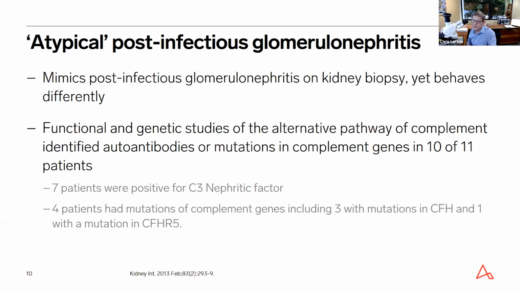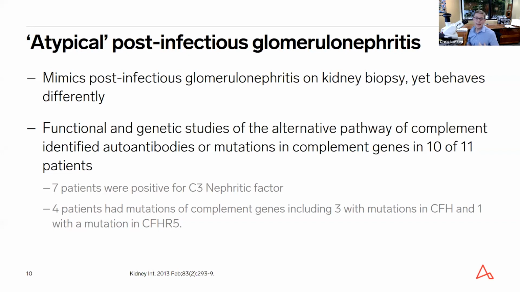So this is an example of a conversion to a C3 glomerulonephritis. And the etiology of this ongoing disease is that these patients have an underlying defect in the regulation of alternative complement pathways. These can oftentimes be mutations in complement-related genes.